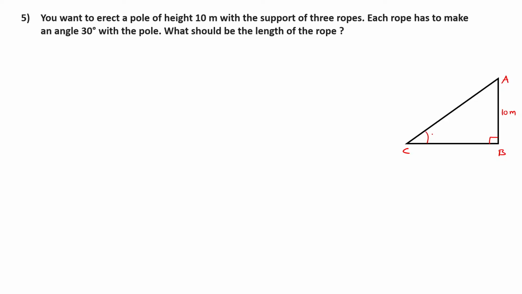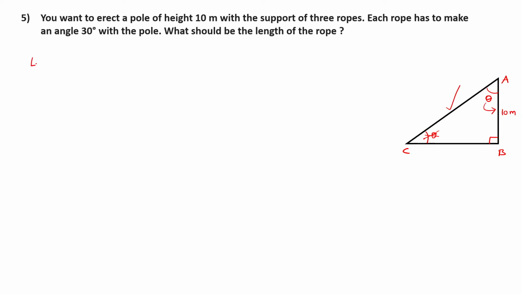Here, if you write theta, you will go wrong because the rope is not making theta with the horizontal. It is making it with the pole. This is theta. We need to find the length of the rope, the hypotenuse. With respect to theta, the given 10 meters height of the pole is the adjacent side. So we need to find the ratio between the adjacent side and the hypotenuse.